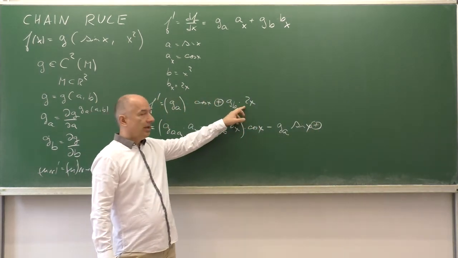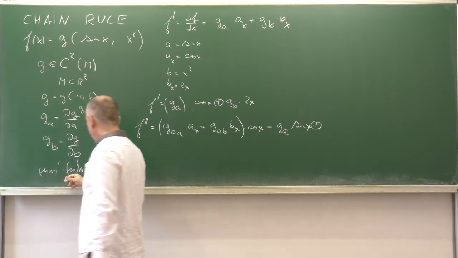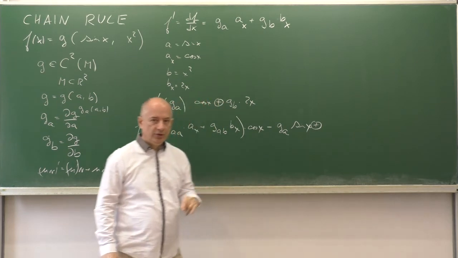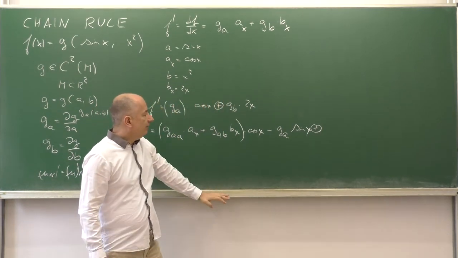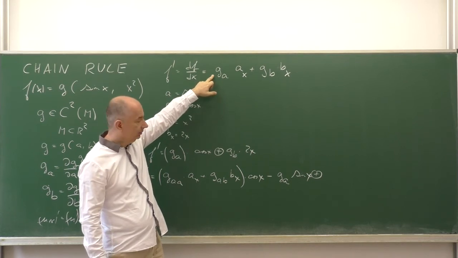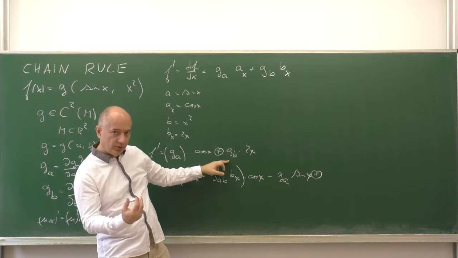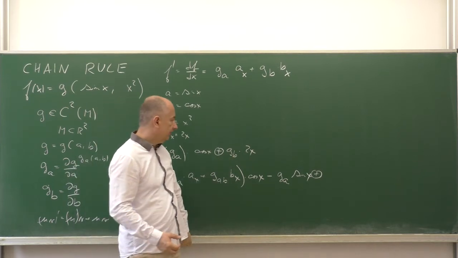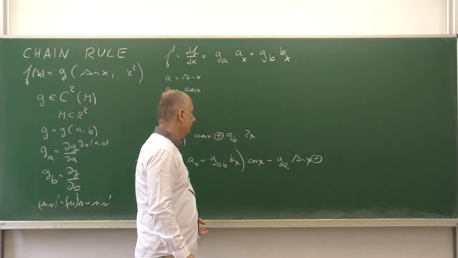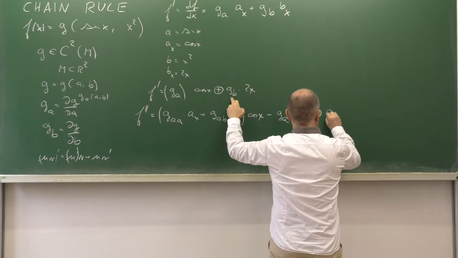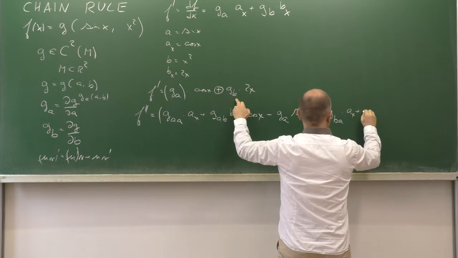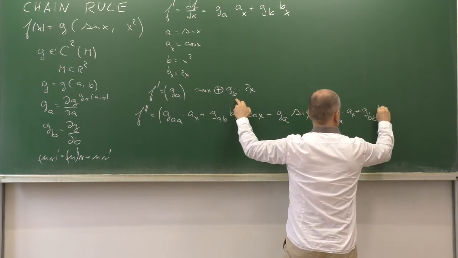And the second term is again a product. Here we have how to differentiate the product. So we have gb, and we want to differentiate gb. So we use the very same rule as we used to differentiate g, but this time our input is gb, the first derivative. So we take gb and differentiate with respect to a. So we have gba times ax plus gbb times bx.